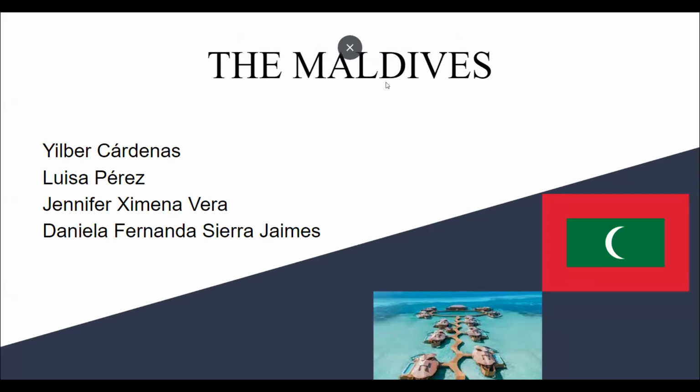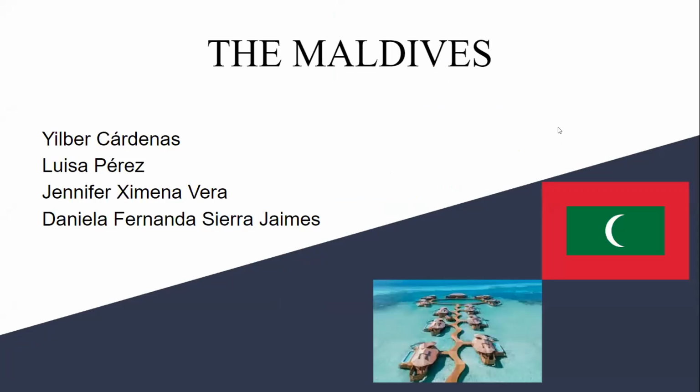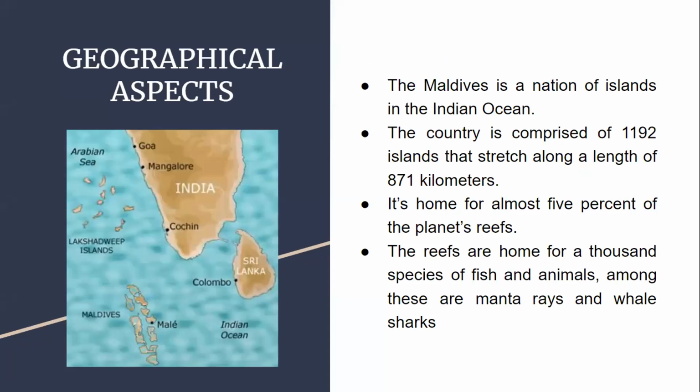Okay, and well, we will talk to you about the Maldives, and my classmates of group are Gilbert, Jennifer, and Daniela. Thank you. Next slide, please. About geographical aspects: the Maldives is a nation of islands in the Indian Ocean.